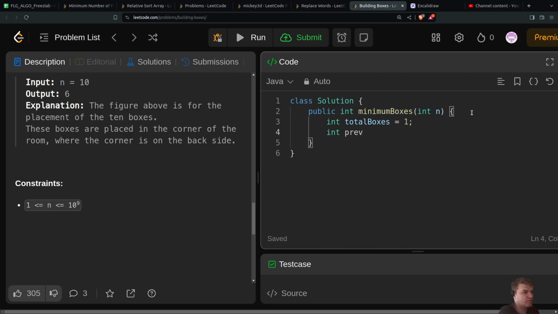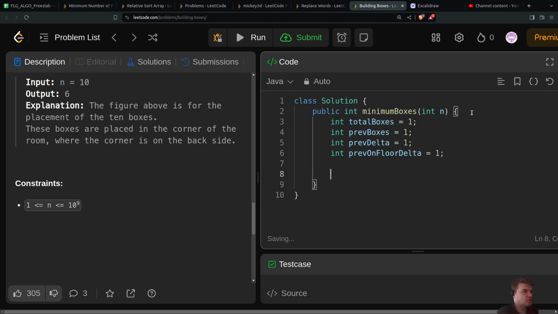Int prev boxes equals 1, and then int previous delta, int prev on floor delta equals 1.